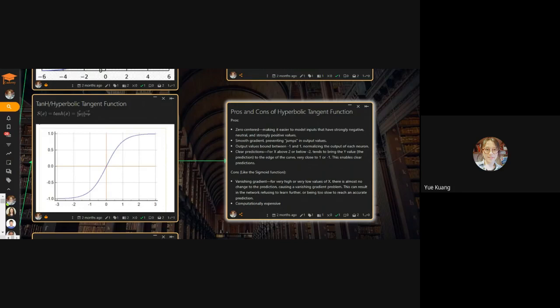And also, it has smooth gradient. The output values are bound between -1 and 1, normalizing the output of each neuron, and also clear predictions. And for the cons, like the sigmoid function we just introduced, it has the vanishing gradient problem, and it is computationally expensive.